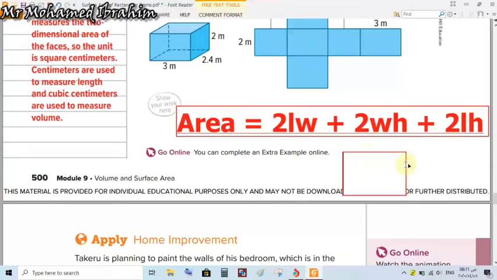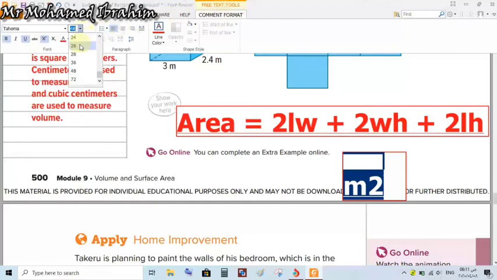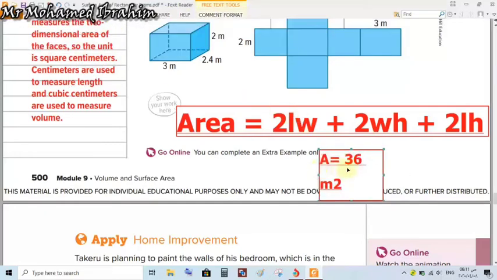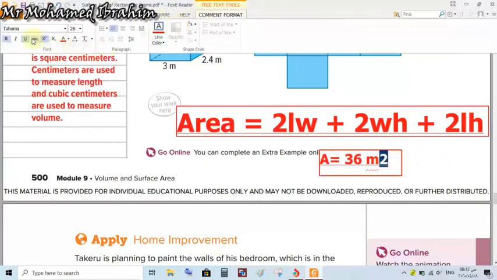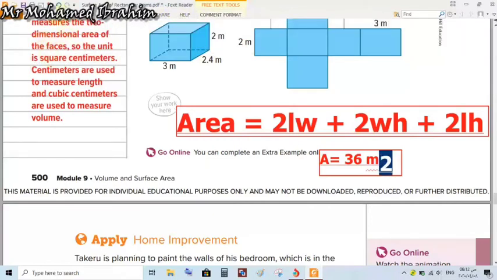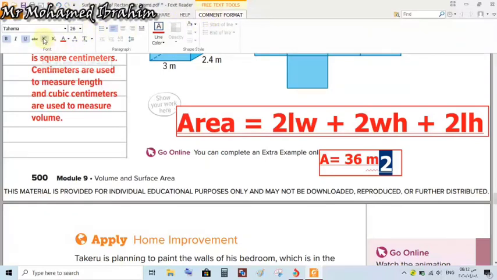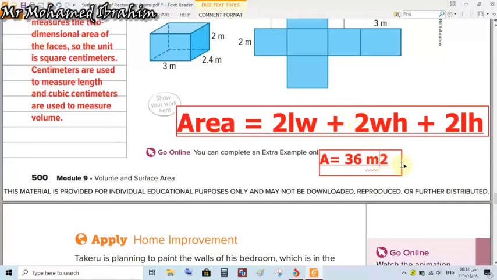Area equal 36. Okay, it's equal 36 square meters.